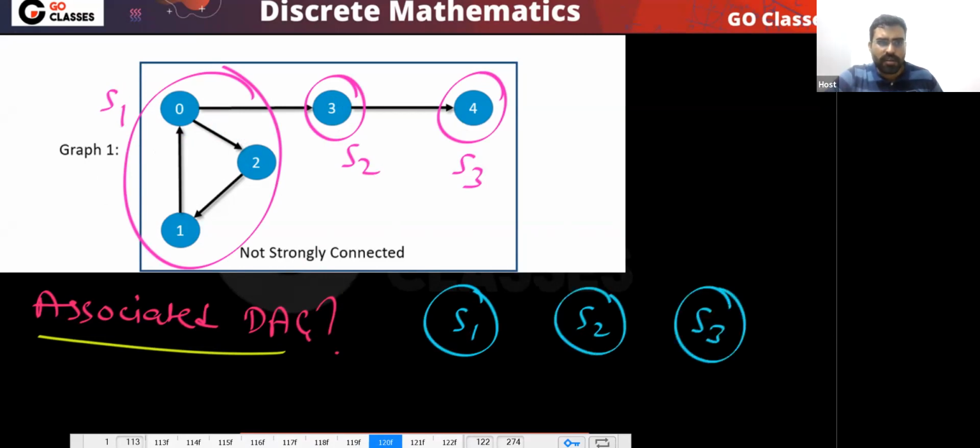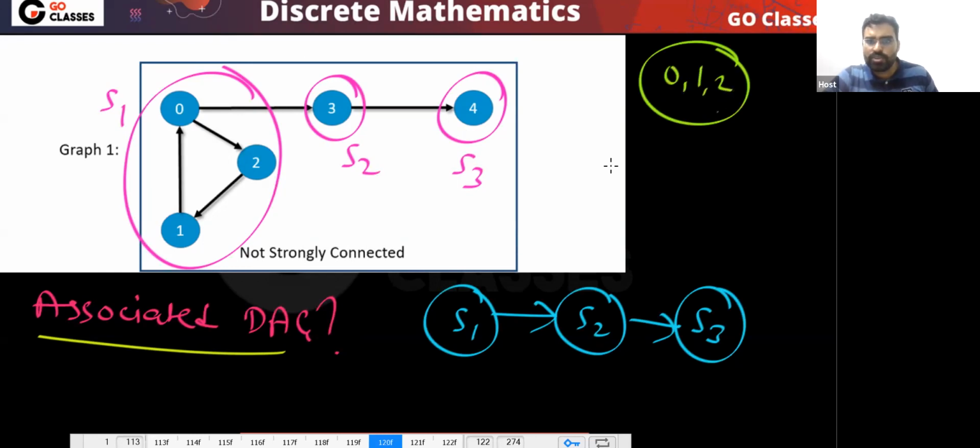You can notice there is an edge from S1 to S2, and an edge from S2 to S3. Or you can understand it like this: make one vertex for 0, 1, 2, one vertex for 3, and one vertex for 4.